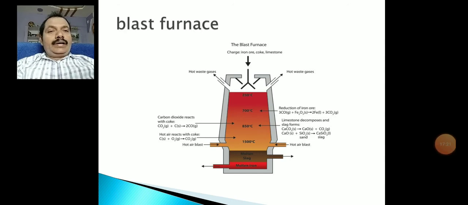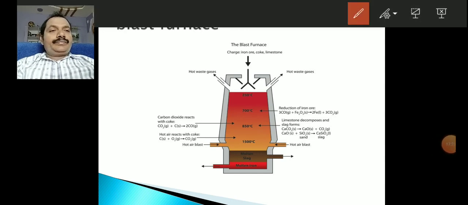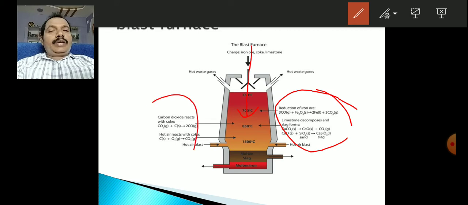So as the raw materials descend down, the chemical reactions take place, so that the molten iron and slag will form. This slag will collect the impurities present in the molten iron.